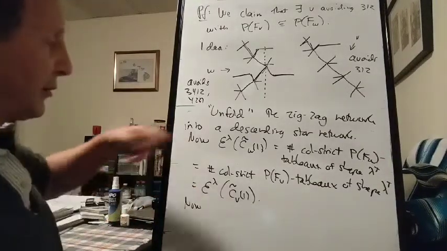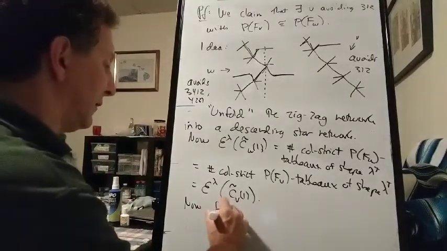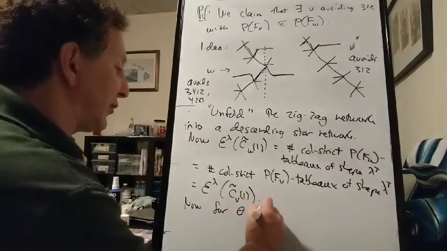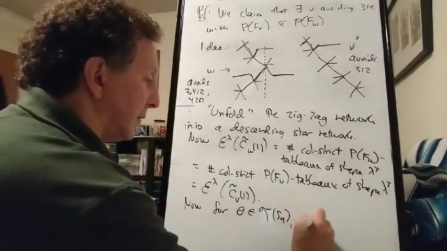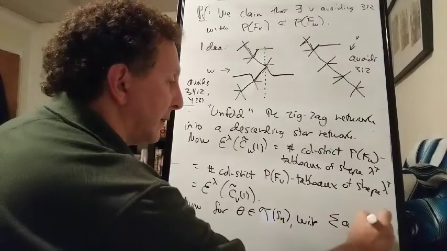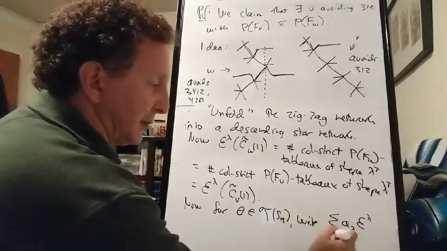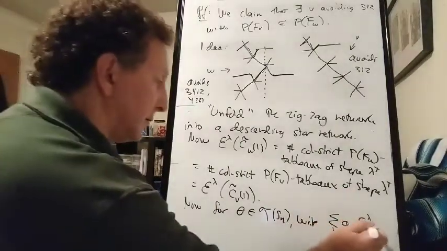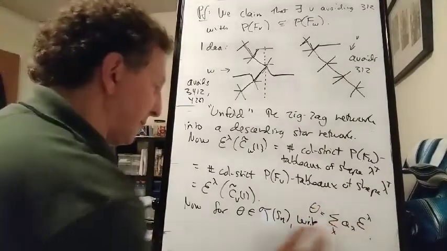Now, induced sign characters form a basis of the trace space. So now if we have any trace theta, let's write it in terms of the induced sign character basis as the sum of, let's say, A lambda epsilon lambda. So theta equals that.